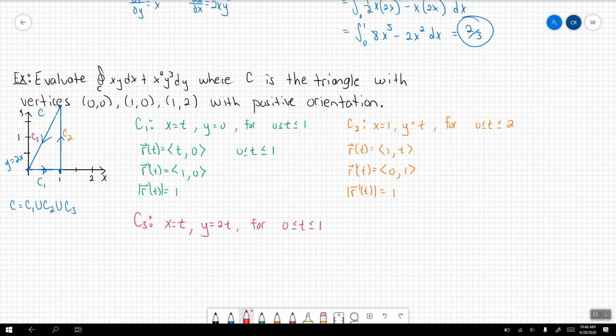All right, so let's start analyzing that. We could go through a different parameterization, and if you want to go with that, by all means, that's perfectly fine.